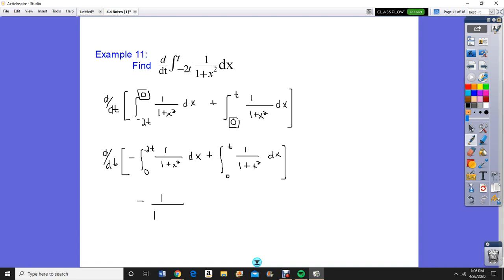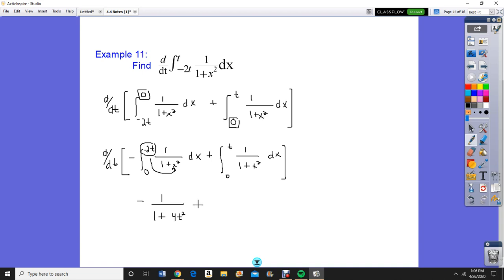So I will have then 1 plus, and negative 2t times another negative 2t is a positive 4t squared. So again, all we did was take this expression and plug it in for this variable. And when I simplify a negative 2t times another negative 2t, I get this positive 4t squared.